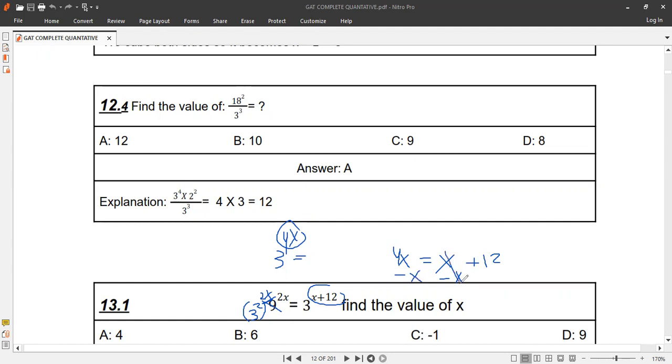Here 4x minus x equals 3x, and the other side we have only 12. So 3x equals 12. I divide both sides by 3. So x equals 4.